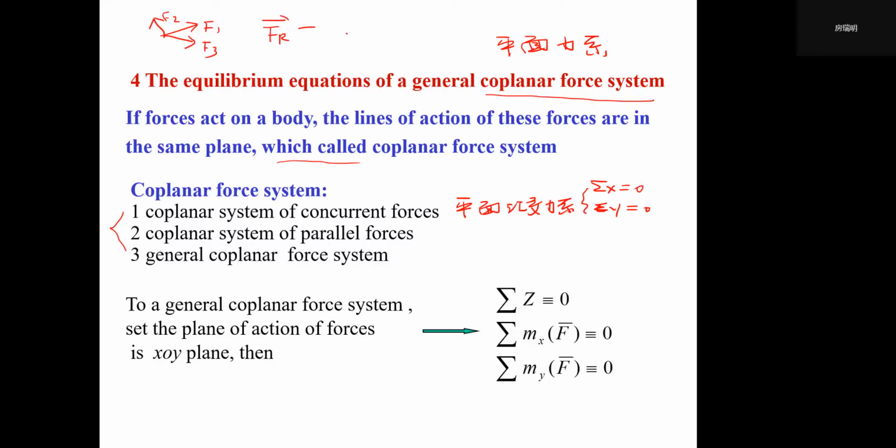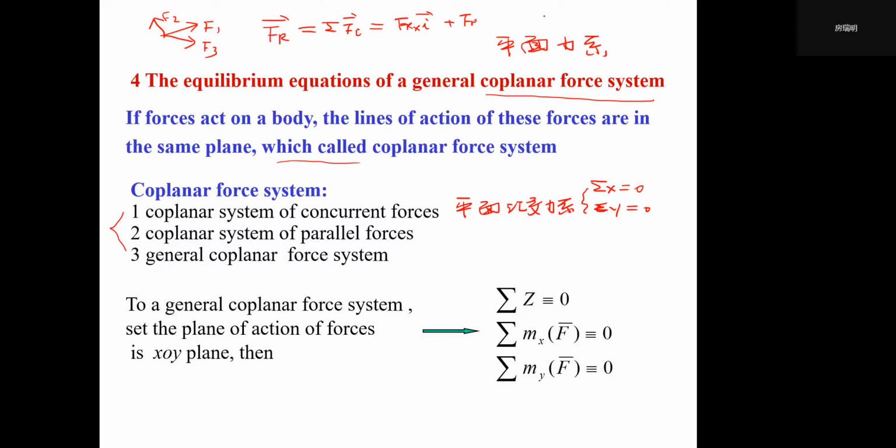It will equal the sum of Fi. Because this vector is in the plane, it only has two components: one is Frx along the x direction, another is Fry along the y direction.